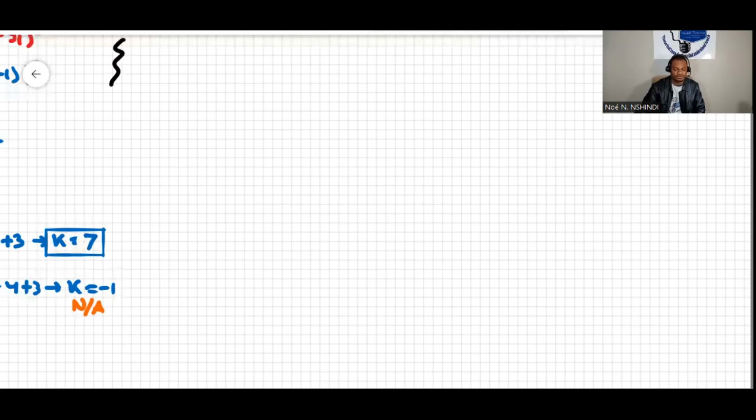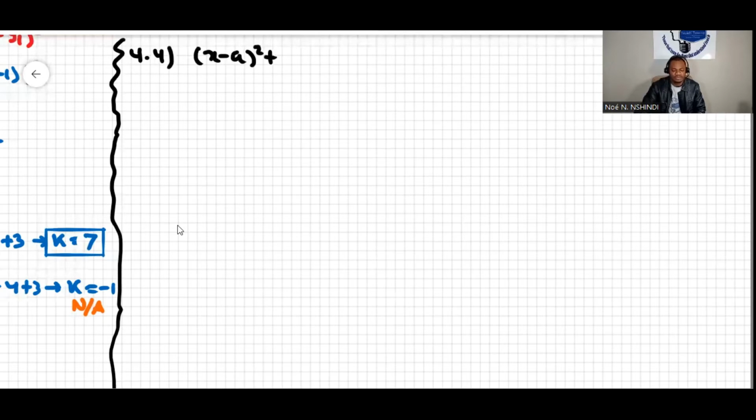I'm gonna split the board like that, and now we do 4.4. So we're looking for the equation of the circle of the form x minus a squared plus y minus b squared all equal to r squared.